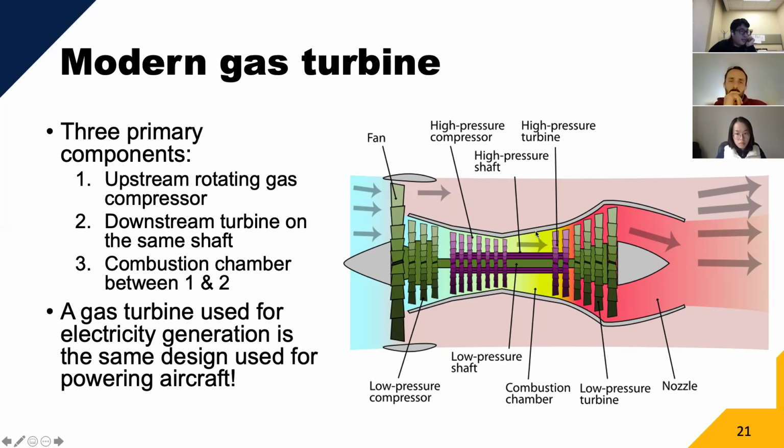In the middle is where you're going to have your combustion taking place. And so that is essentially what's going to be producing the work that's going to be spinning this turbine.